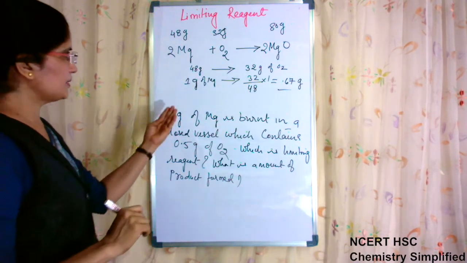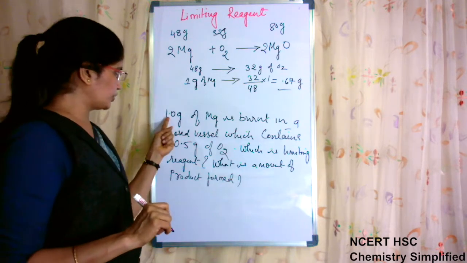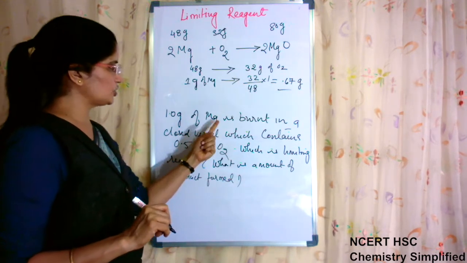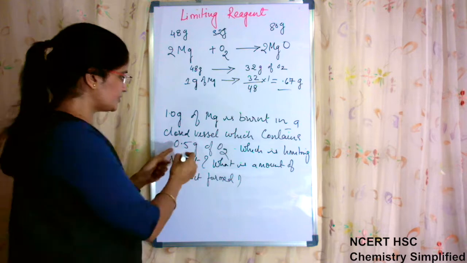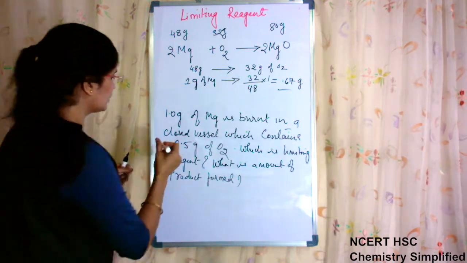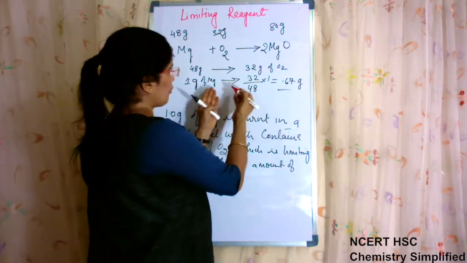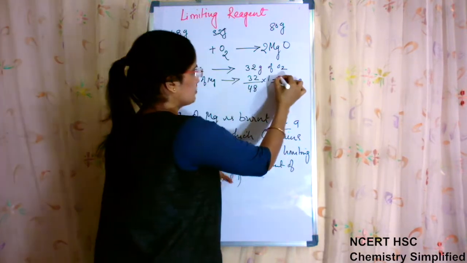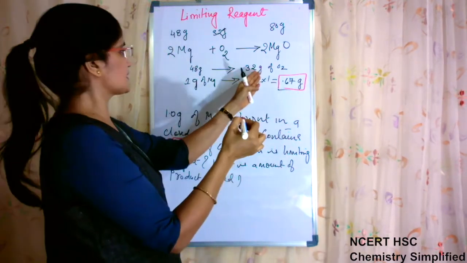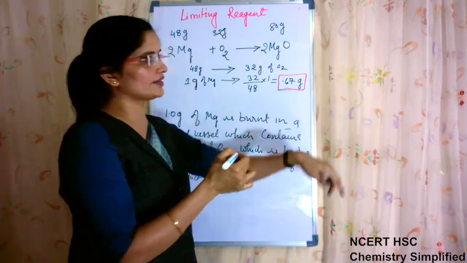Okay, that means the question says 1 gram of magnesium is burnt in a closed vessel which has only 0.5 gram of oxygen, and the amount of oxygen which 1 gram of magnesium requires according to the balanced chemical equation is 0.67 grams.